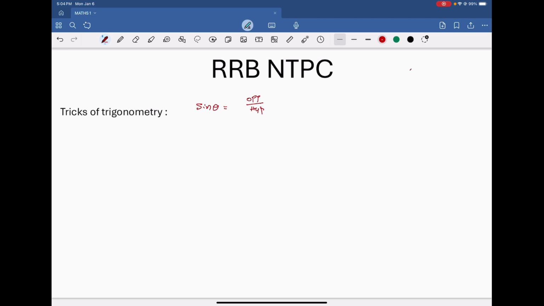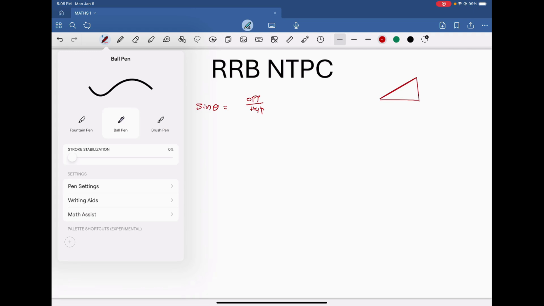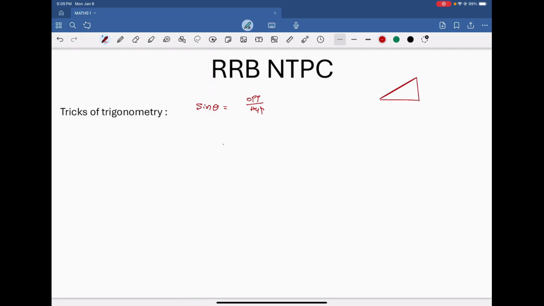Now, for example, sin theta is equal to opposite side by hypotenuse. Let us draw a right angle triangle with vertices ABC, where sin theta is equal to opposite side by hypotenuse, which is BC by AC.